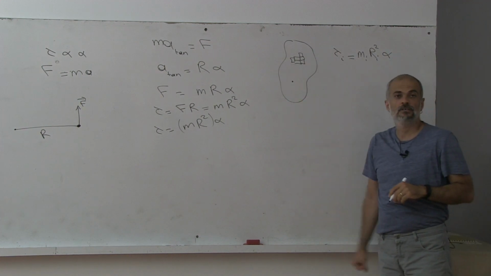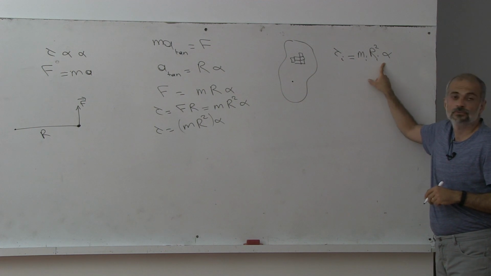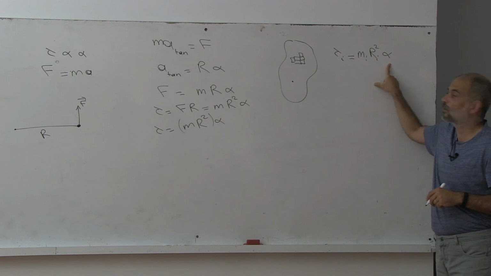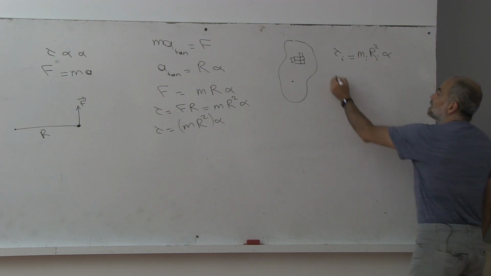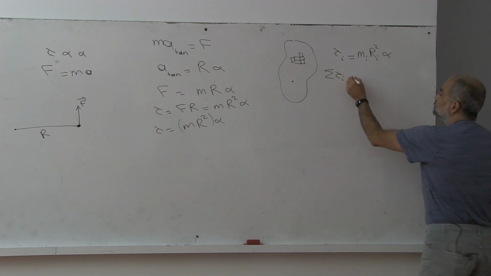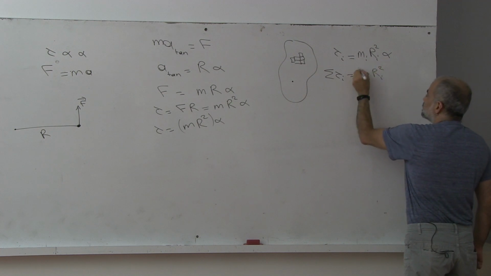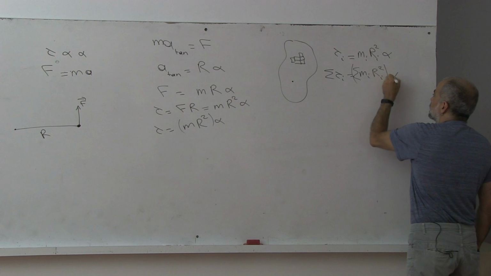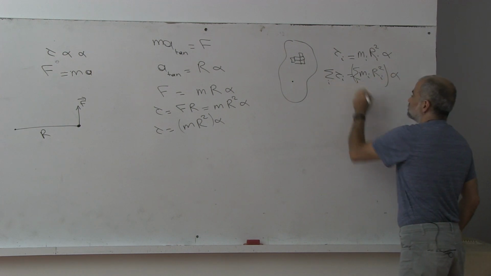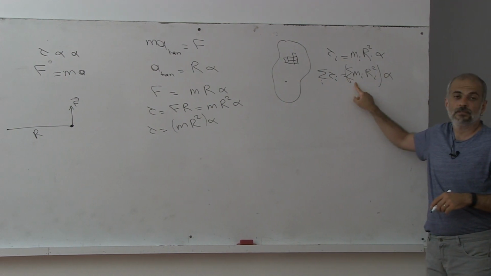Note that since this is a rigid body, alpha, the angular acceleration, is the same for all the parts of the system. That's why I don't have alpha i. If we calculate the total torque acting on the system, it will be the sum of m_i r_i squared multiplied by alpha. Since alpha is the same for all parts of the system, we can take it out of the summation sign.